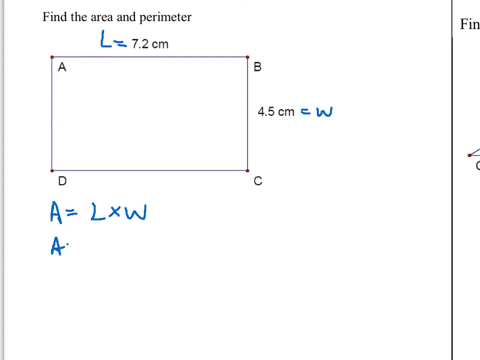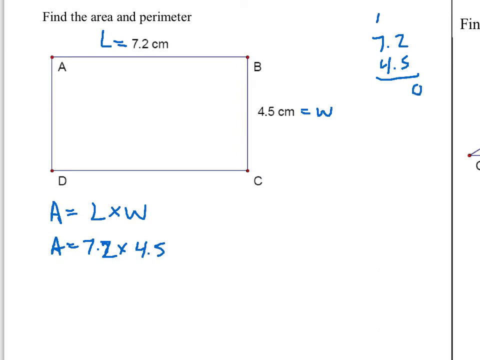So I'm going to plug those into my equation. That's area equals 7.2 times 4.5. I'm going to find some space over here to do my multiplication. 7.2 times 4.5.